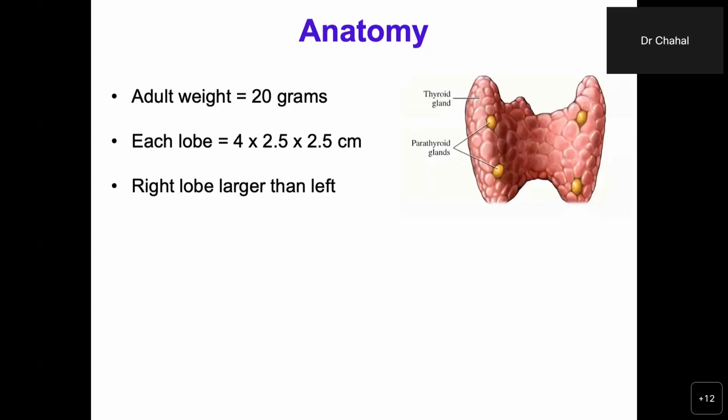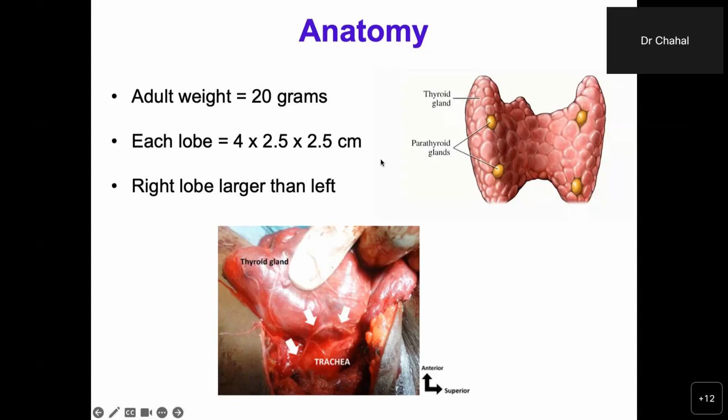So behind the thyroid gland, as you remember, are the parathyroid glands, and these glands are very important because they secrete the hormone parathyroid hormone that's involved in calcium balance.